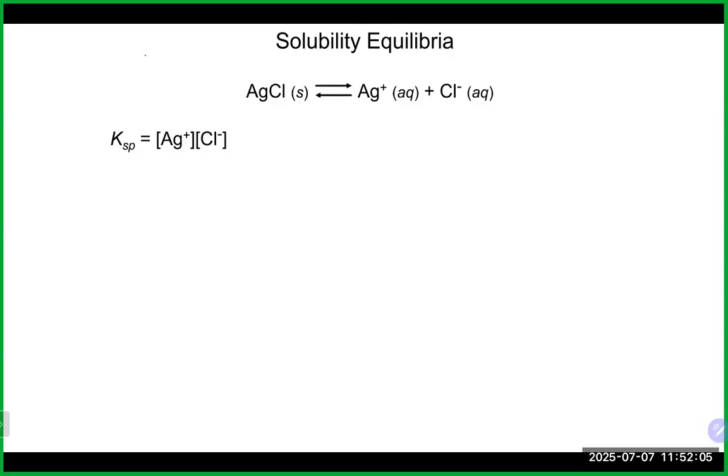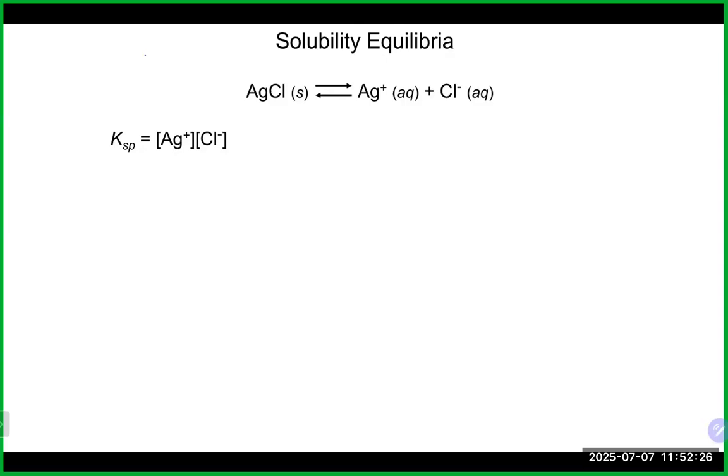Some of those things we're going to talk about in this chapter, like concentration of the ions that are floating around, also pH is a really big factor, common ion. So there are a lot of factors that can affect whether or not you will actually see that solid form, even though the solubility rules tell you that that thing is insoluble.